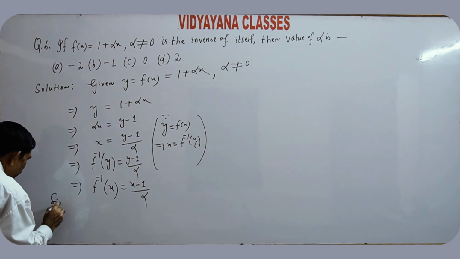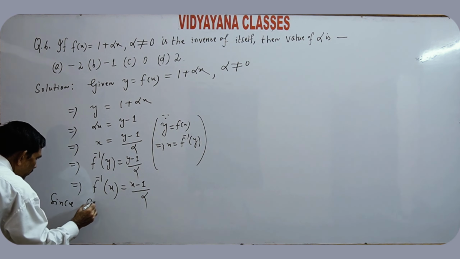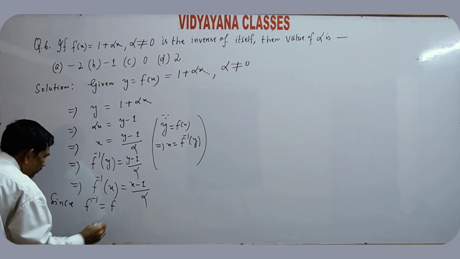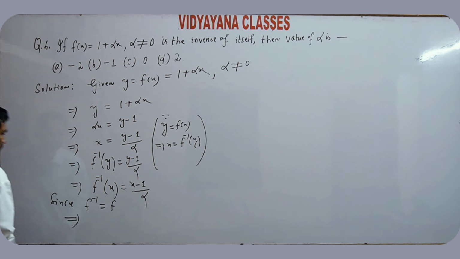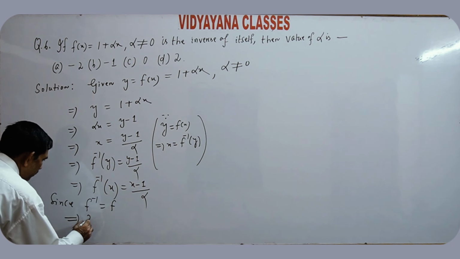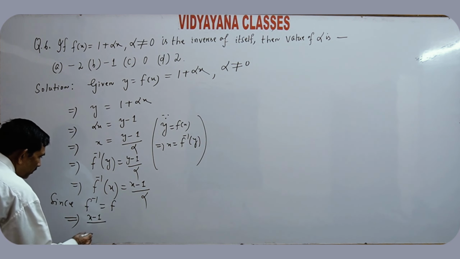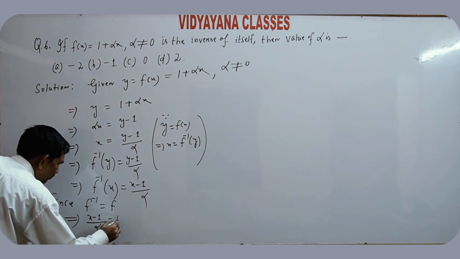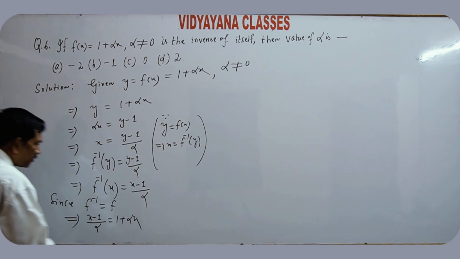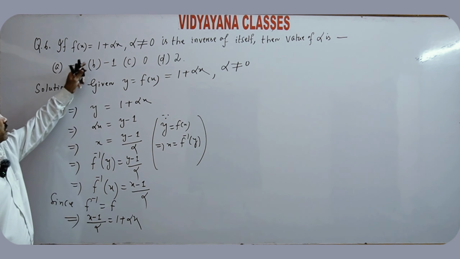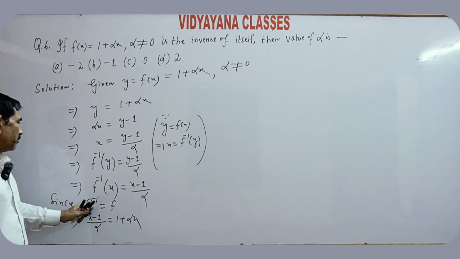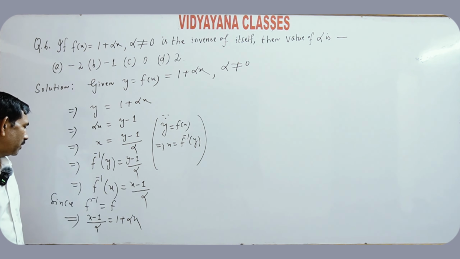Since f inverse is equal to f, implies (x minus 1) divided by alpha is equal to 1 plus alpha x. fx is equal to 1 plus alpha x. f inverse is equal to (x minus 1) divided by alpha.